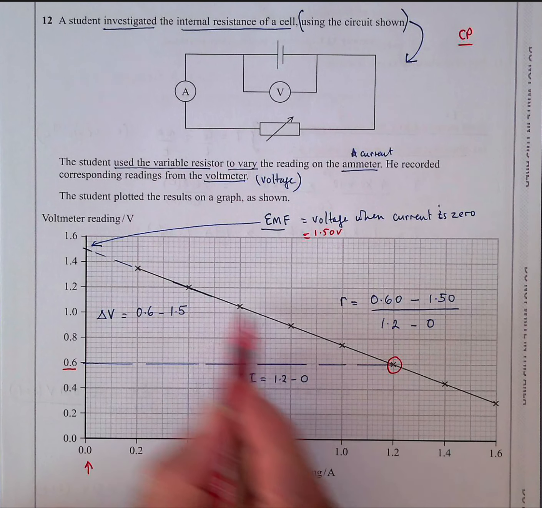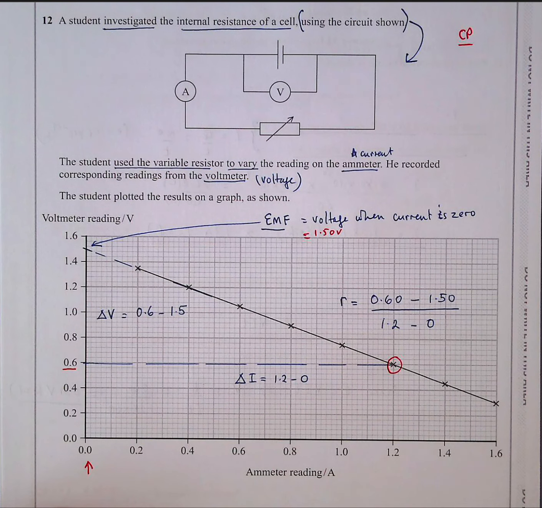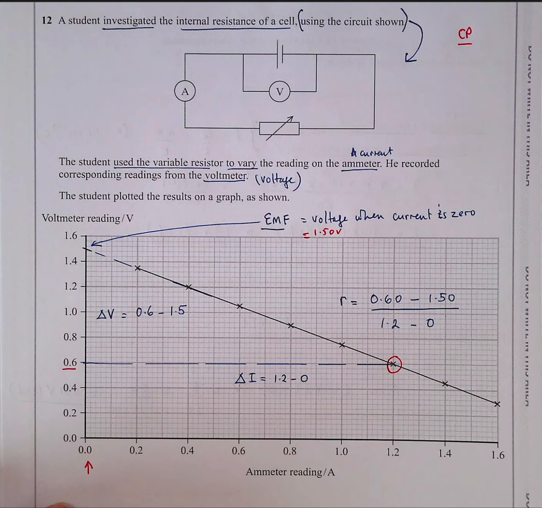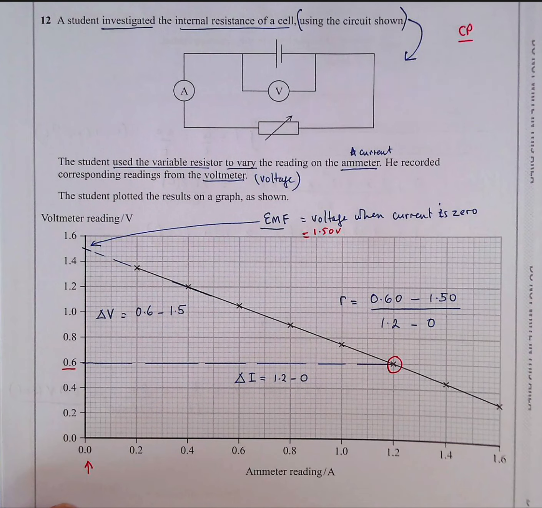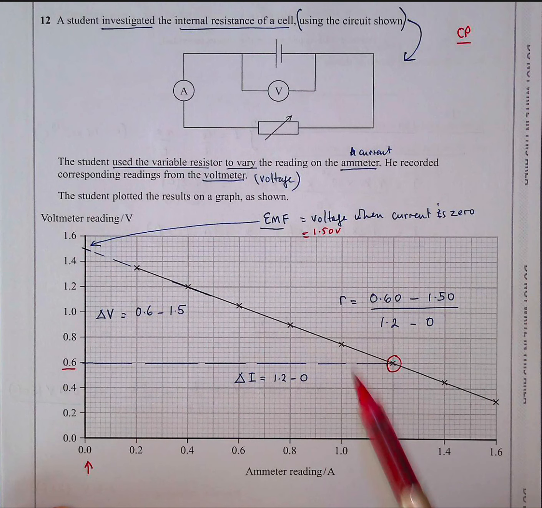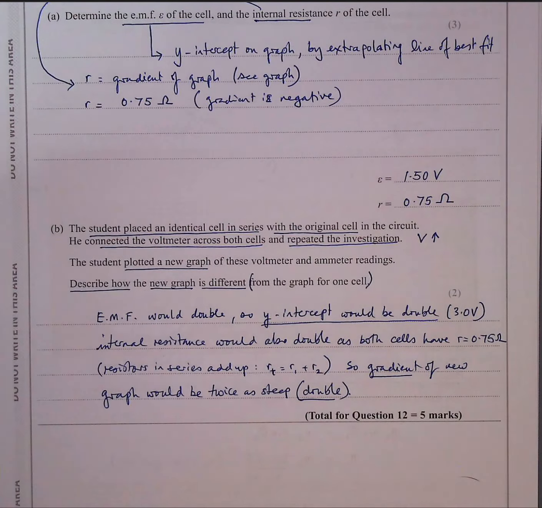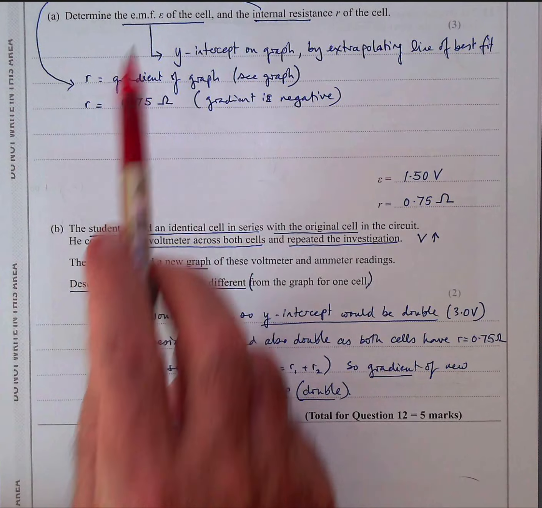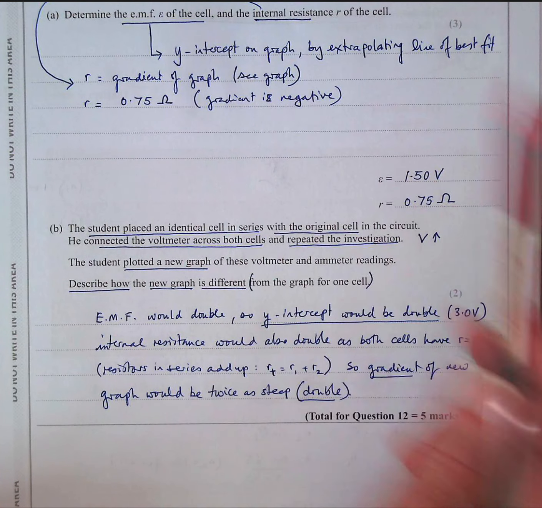So basically extrapolate the line all the way to the y-axis, and this is what they're going to ask you in the next question. And I've then worked out the gradient for the internal resistance, and that's basically what they want you to do.